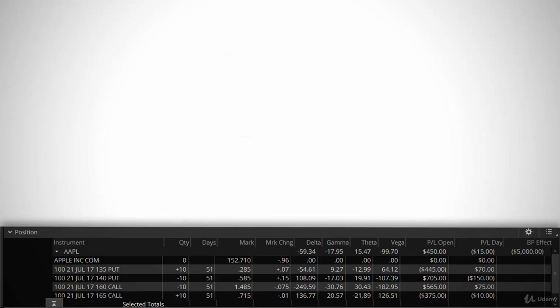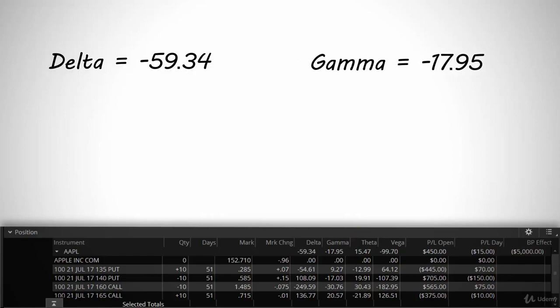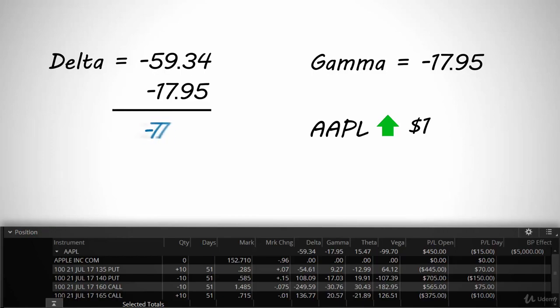Of course, as we talked about before, this delta position can change, and that's represented by gamma. Our Apple position has a delta of negative 59.34 and a gamma of negative 17.95. So if Apple trades up $1, then our delta position will increase by the amount of the gamma, causing our delta to increase from negative 59.34 to negative 77.29.